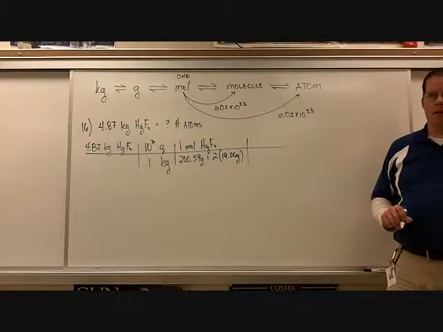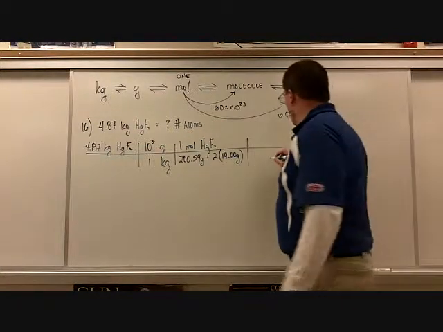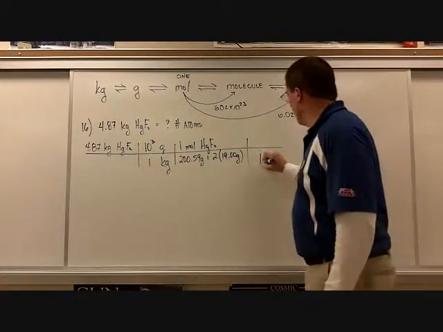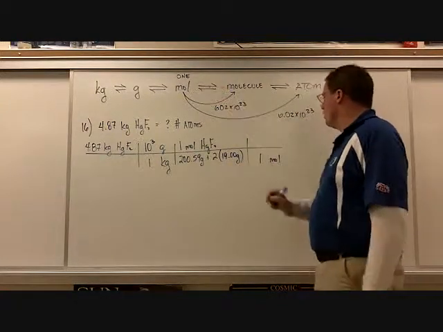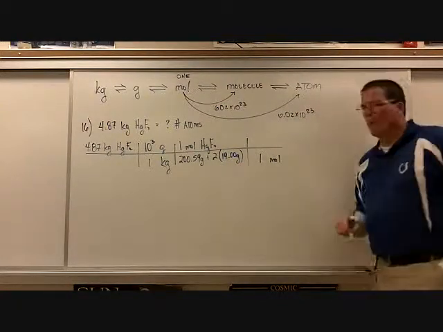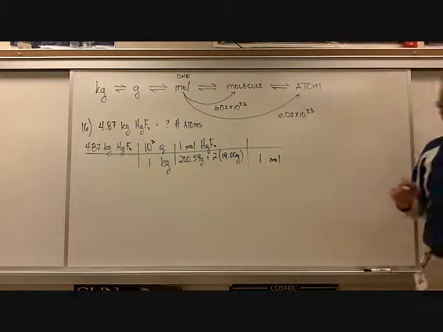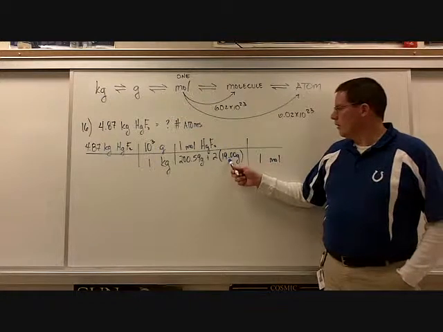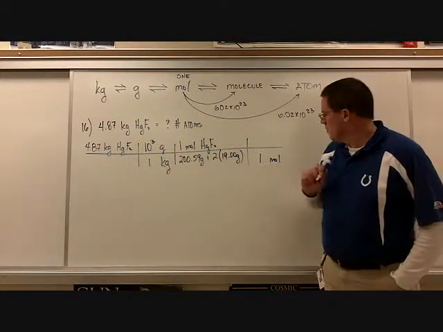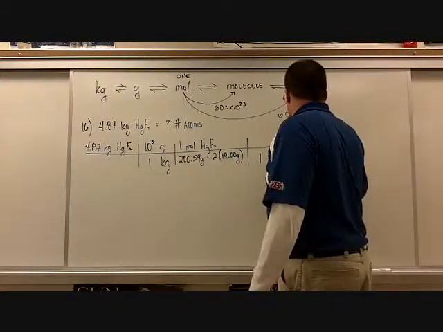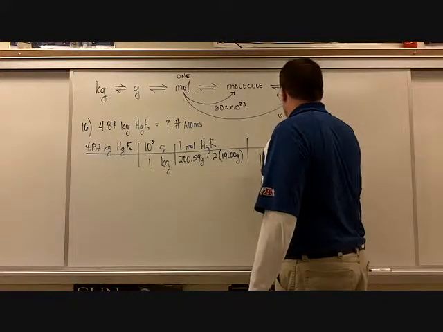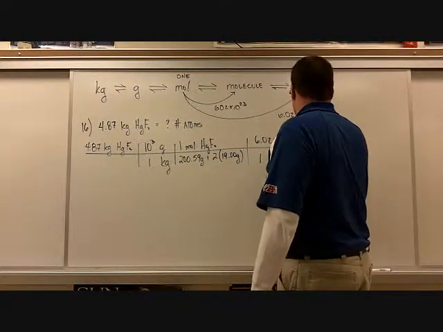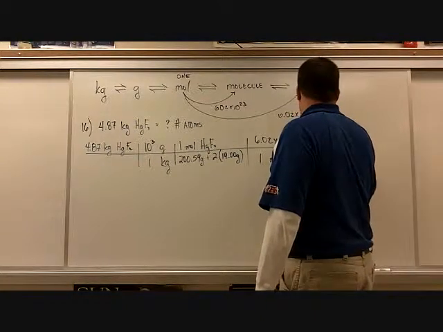What do we do now? Need mole again on the bottom. What number are you going to give it? 1. Anytime it's within the problem, give it a 1. And what goes on top? Molecule. Okay, so we're going to put 6.02 times 10 to the 23 molecules on top, right?